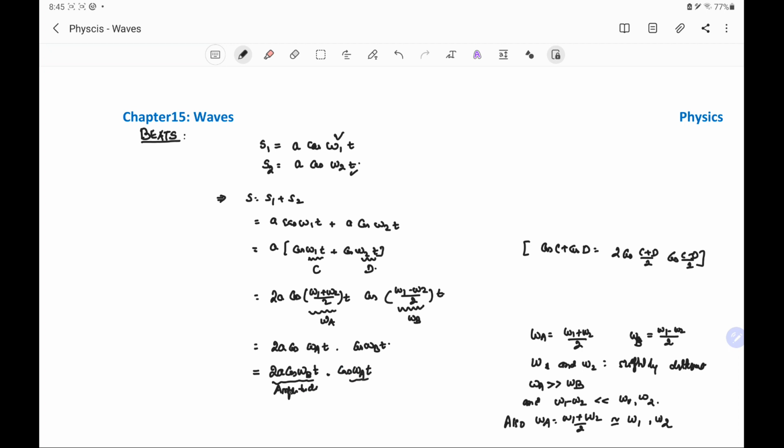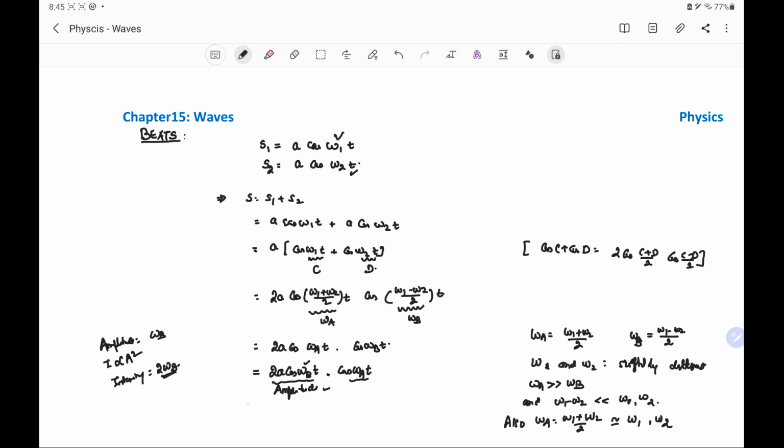This amplitude of the wave varies according to the frequency omega b. And because amplitude has angular frequency omega b and intensity is proportional to A square, intensity will have the frequency 2 omega b.